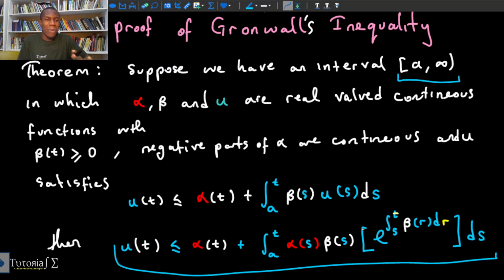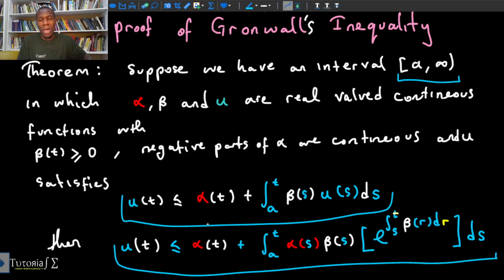Now, the setup for Gronwall's inequality, for you to show boundedness, for instance, in my case, for differential equations or delay differential equations, you sum all the parameters and try to come up with this inequality here. The parameters of the population are all going to be continuous, and that is generally what is expected.